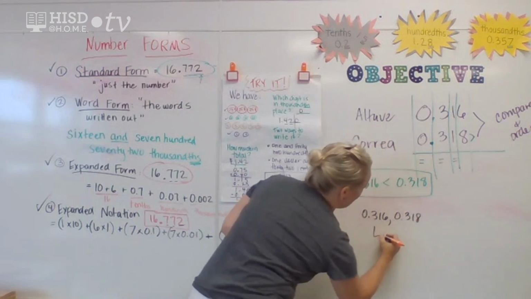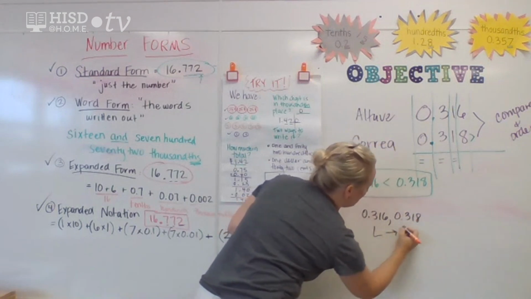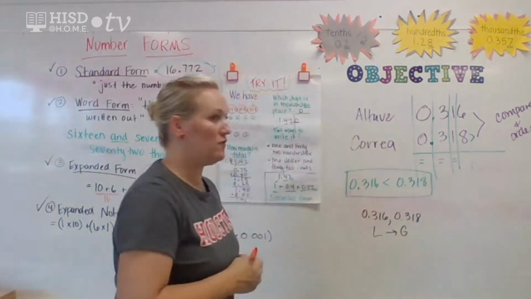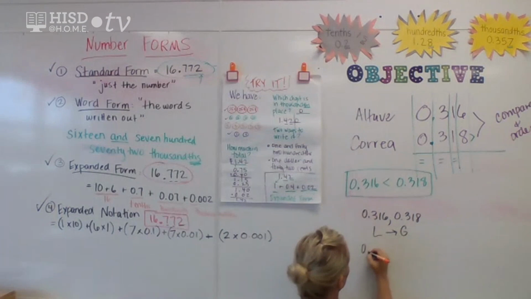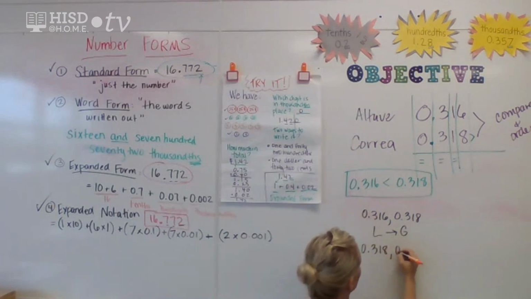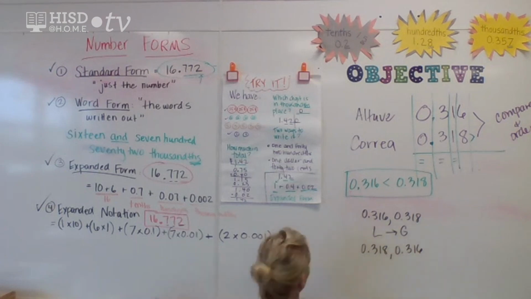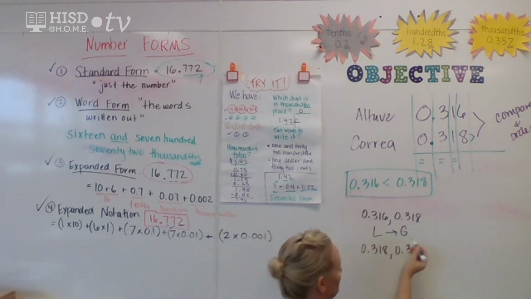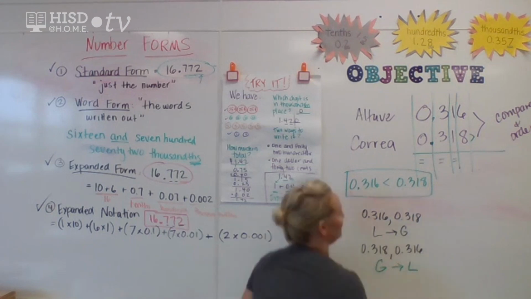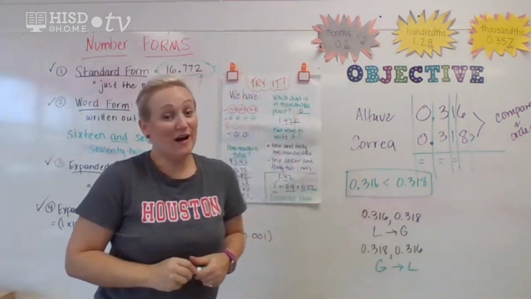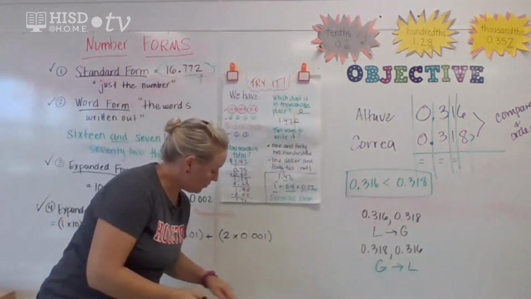If you flipped it over, it would be greatest to least, and you would say 0.318 followed by 0.316.